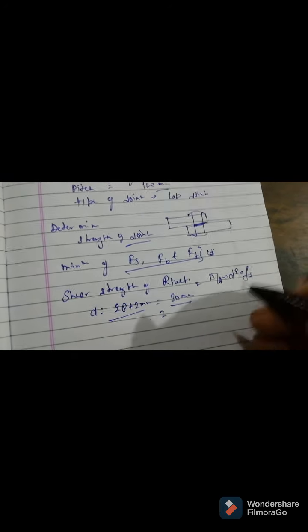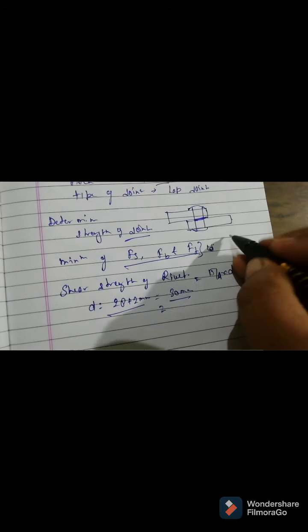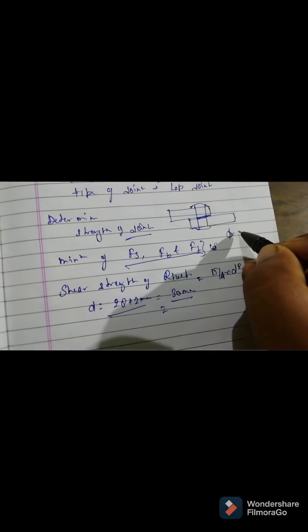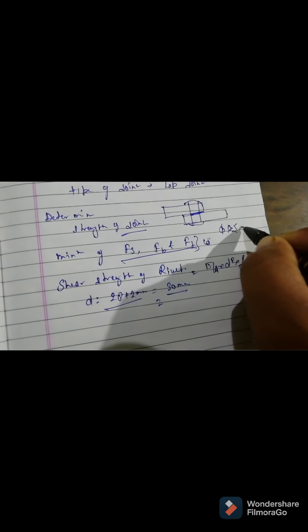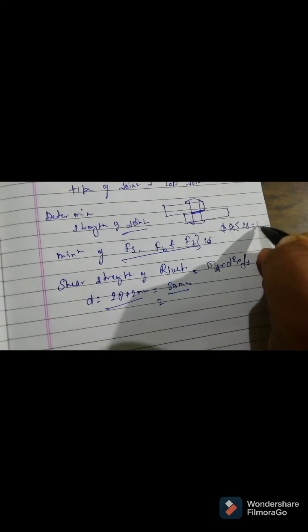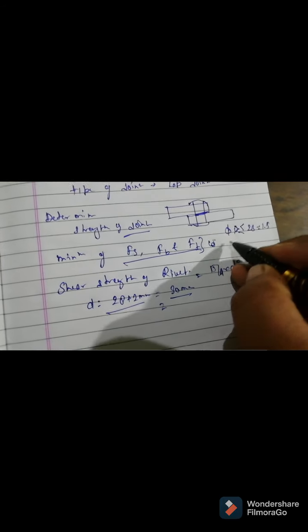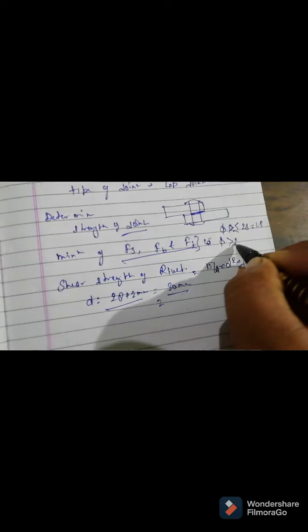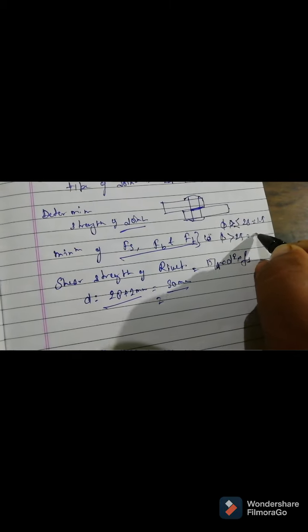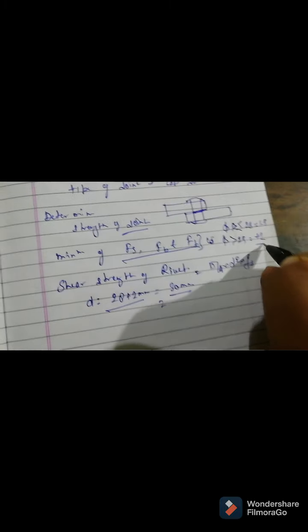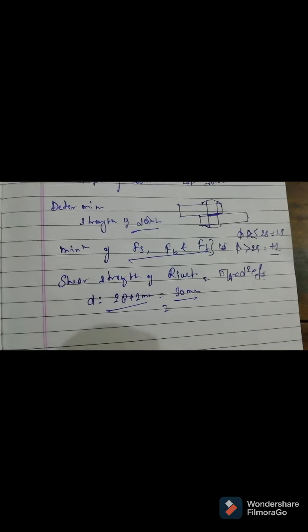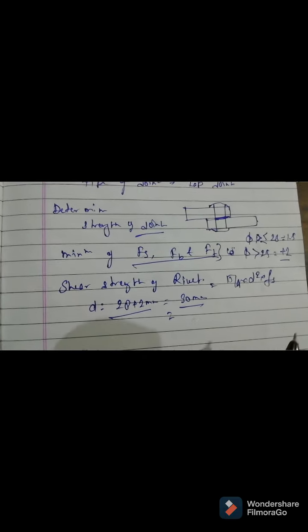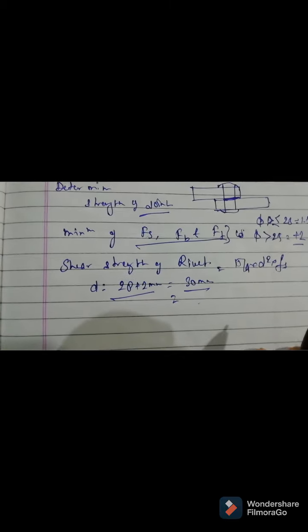The reason is that the code is already specified: if phi is less than or equal to 25, increase by 1.5; if phi is greater than 25 mm, increase by 2. So now d equal to 30 mm.